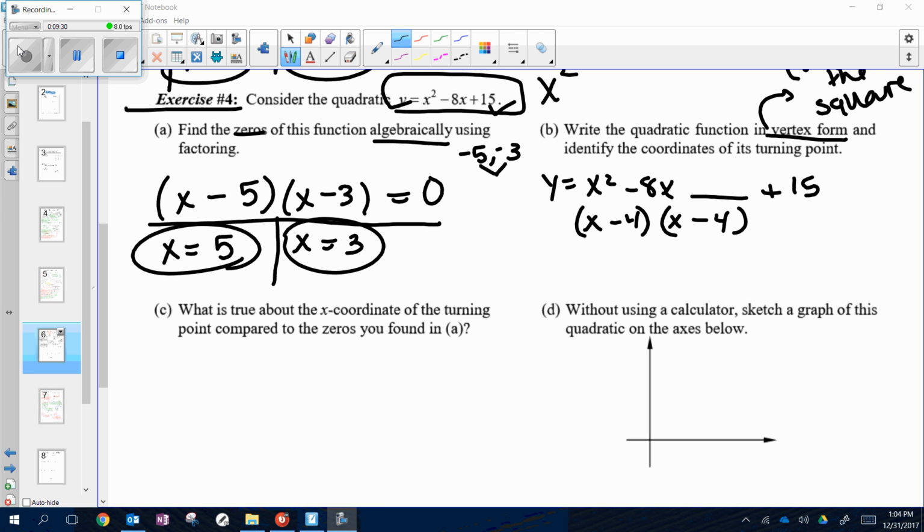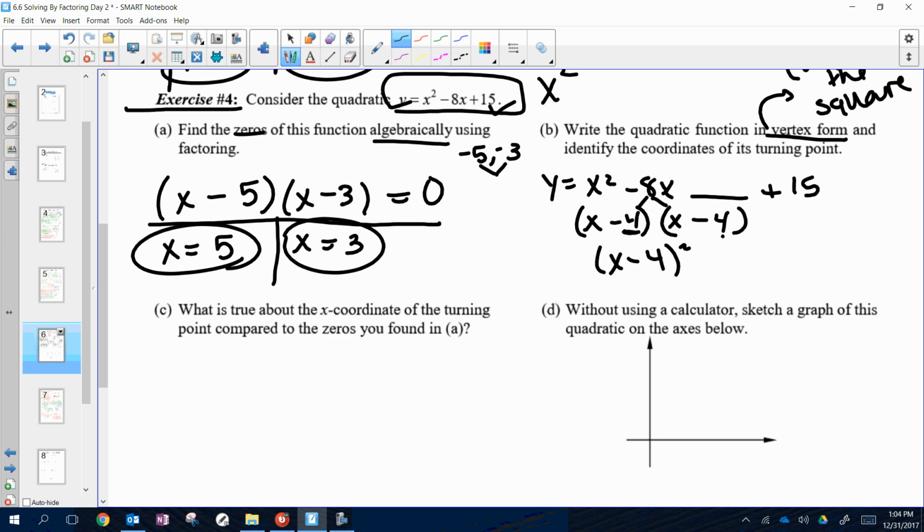What I just did there is I split the negative 8 into two equal pieces, negative 4, negative 4. That makes my perfect square, x minus 4 squared, but I put a 16 in by doing that. So I need to offset that, taking away 16. That gives me a minus 1.